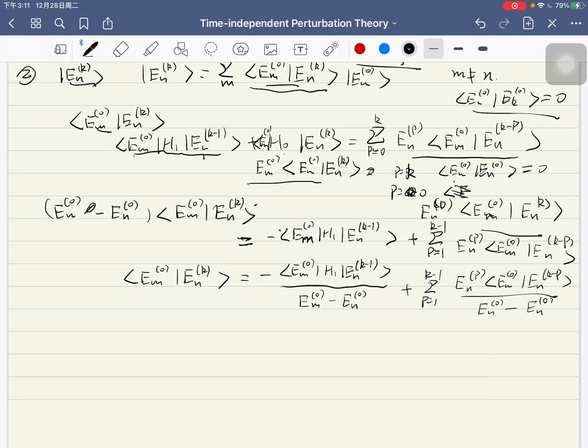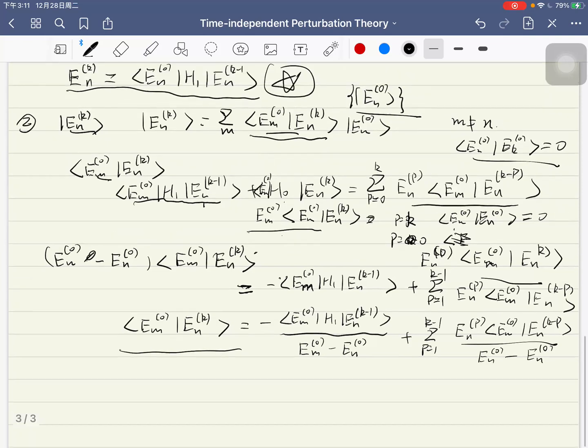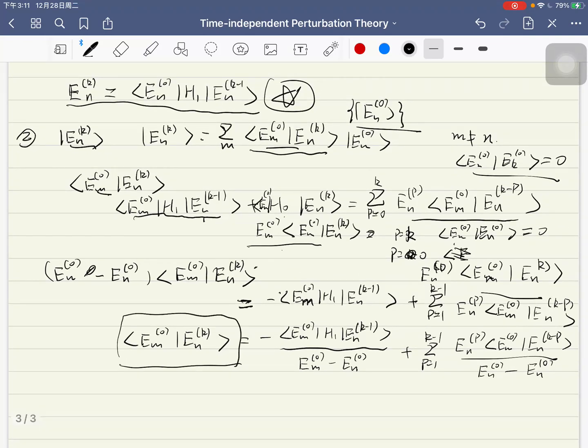So here we have calculated the coefficient of each part of this formula.